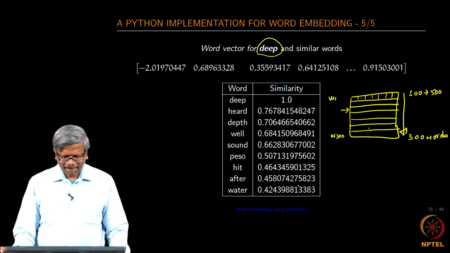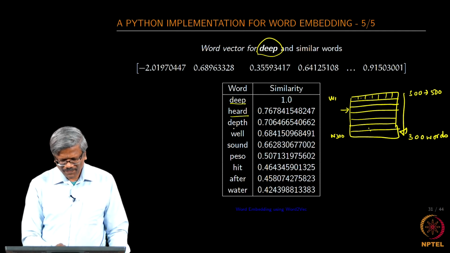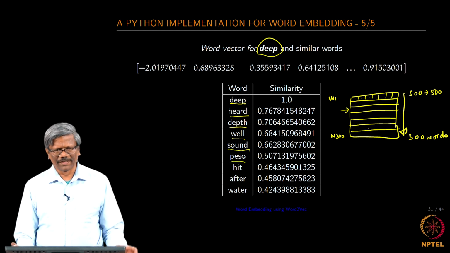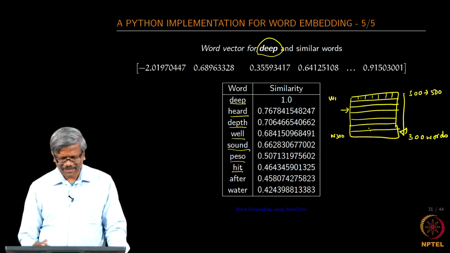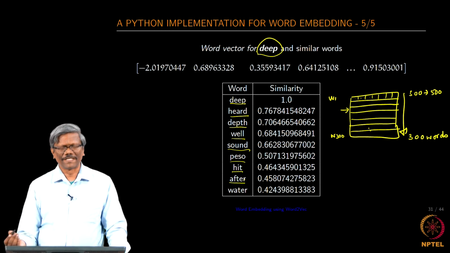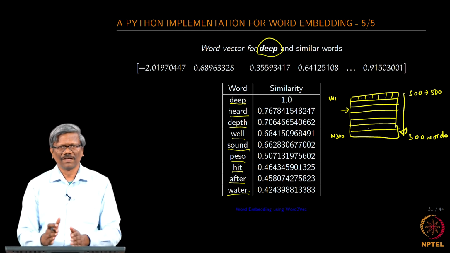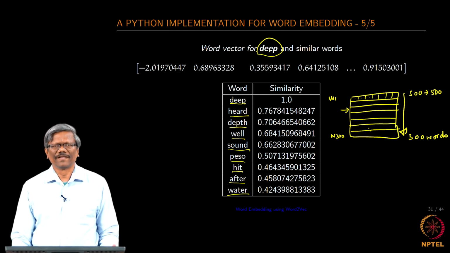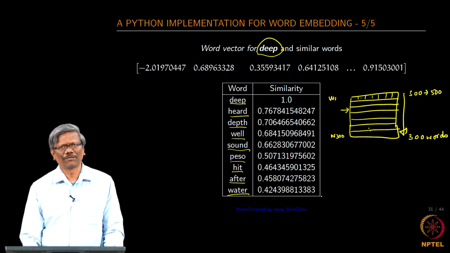Okay. So, you will see that heard, depth, will, sound, peso, there is a coin used, and then hit, after how many seconds you heard water. So, all of those words are related to deep in this case. Okay. So, it varies from 0.77 or rather 0.8 to 0.4.